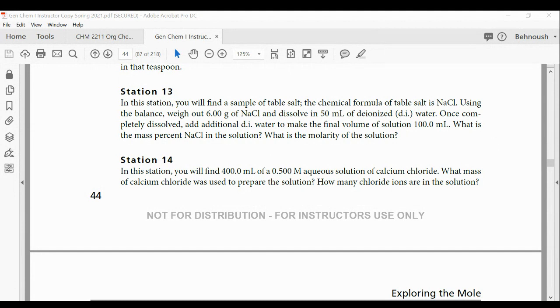Okay, 13, just molarity and the percent composition.